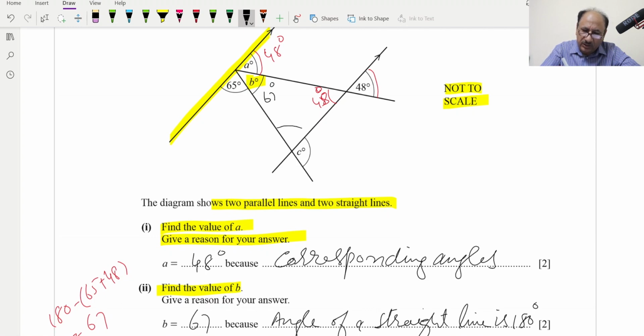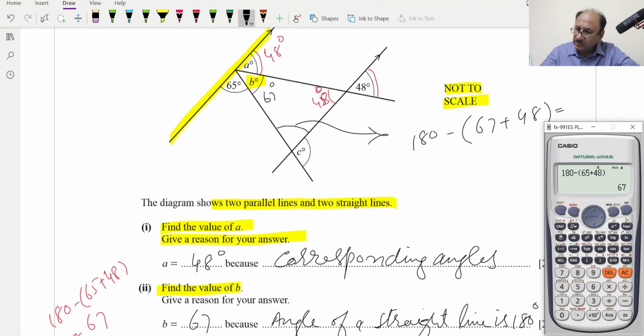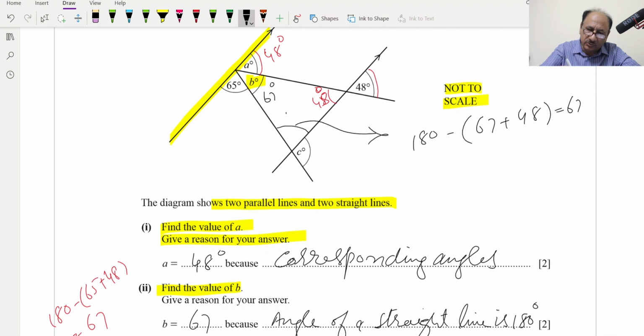So we can first find this third angle, 180 minus (67 plus 48), which we are trying to find, and this will be equal to 65.